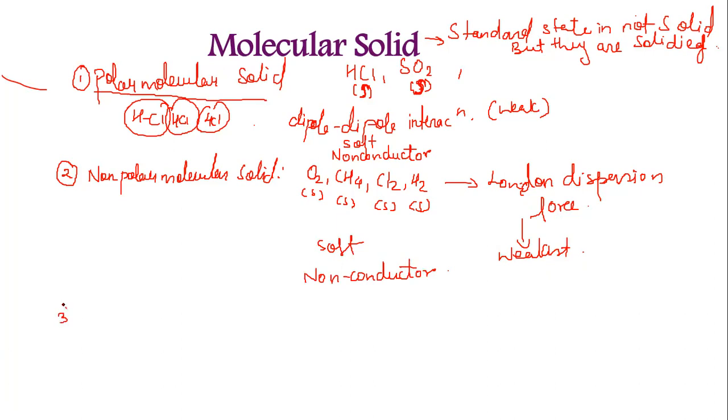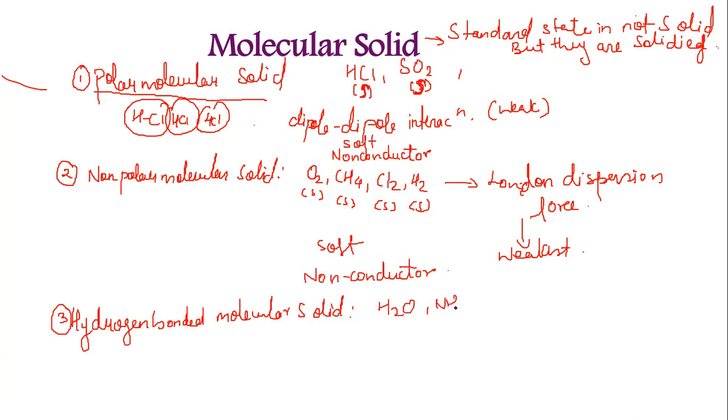Now third is hydrogen bonded molecular solid. Examples of hydrogen bonded molecular solids are water, ammonia, HF. Their actual state is not solid state, but when they are converted to solid state, they come under hydrogen bonded molecular solid.